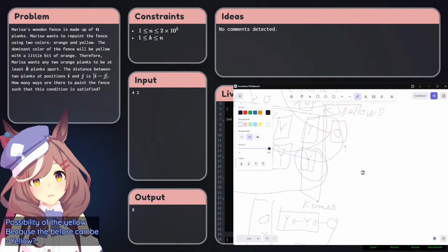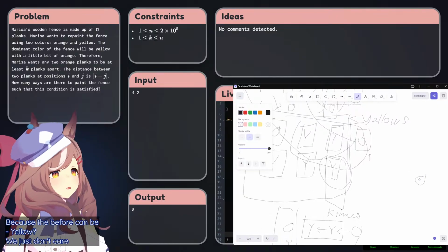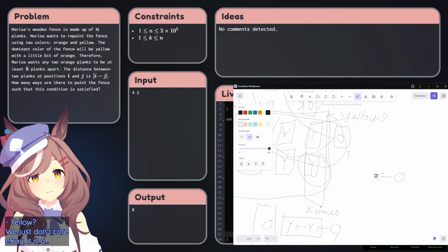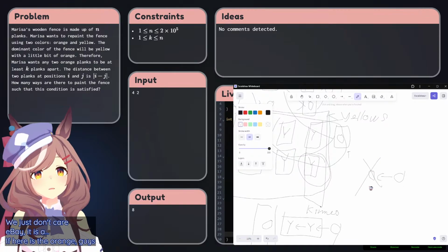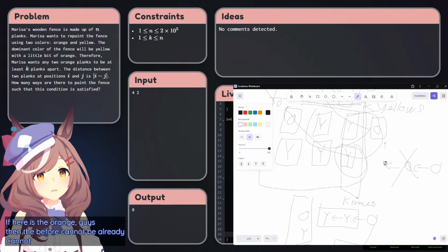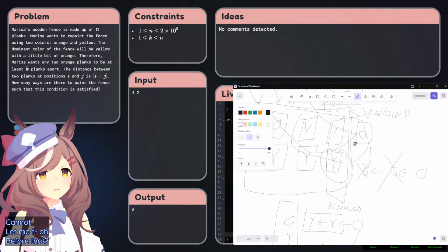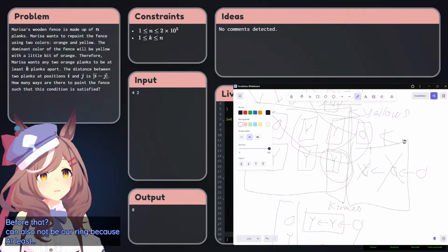But if here is the orange case, then the one before cannot be orange, because we need at least k yellows here.